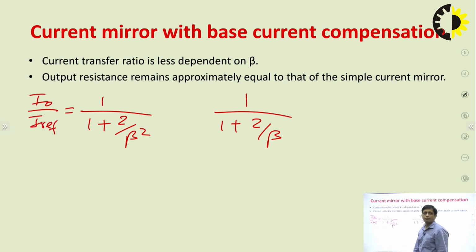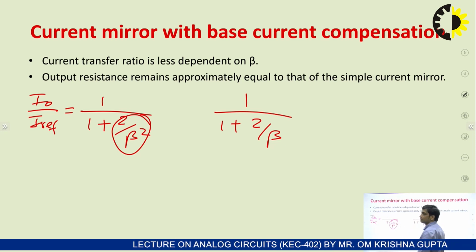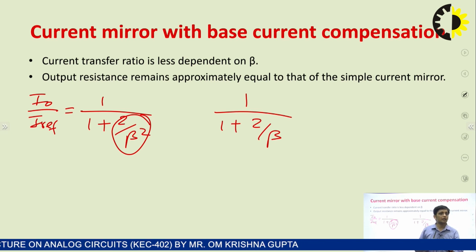What we want is I0 equal to I reference, for which the 2 by beta square term will be 0. But you can see that this 2 by beta square term is lesser than 2 by beta. So the error between output current and input current is lesser in the base current compensation current mirror.